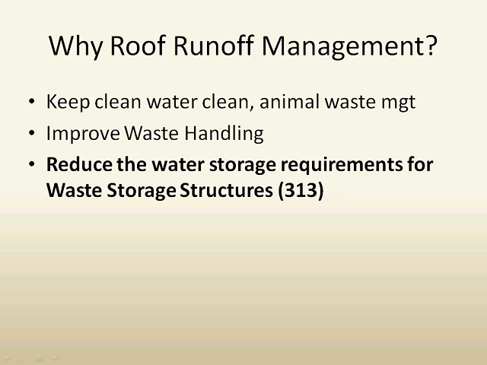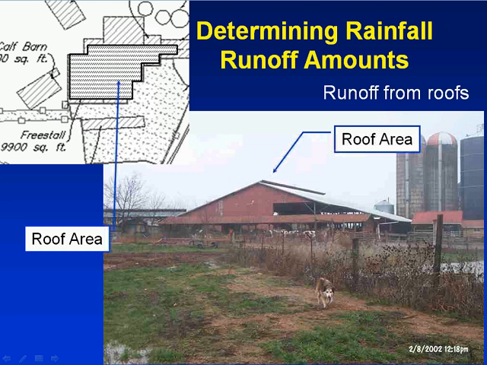Reduced water storage requirements for waste storage structures. I mean, this is really a big one. In the CNMP training that we provide, we have an example that I'm going to share with you about roof runoff and how that can impact a waste storage design.